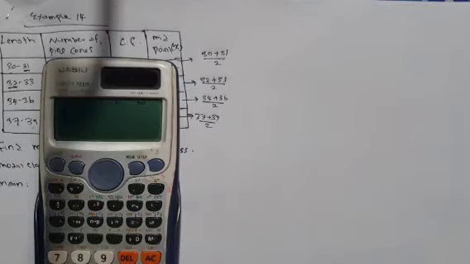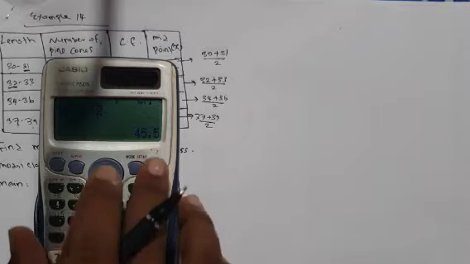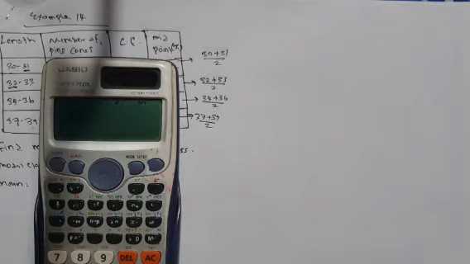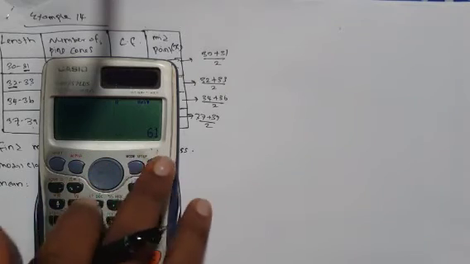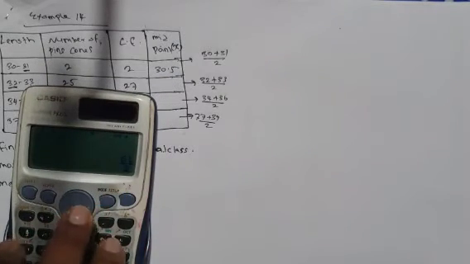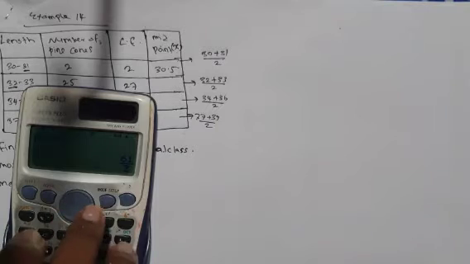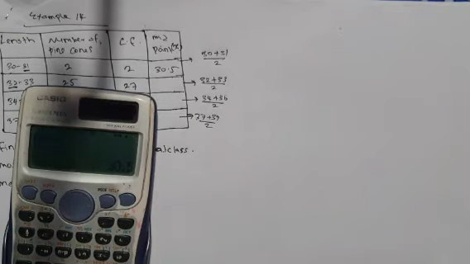Look at the calculator, please. Don't do it like this. Don't write this as a whole, you can see the answer is different, right? The correct way to do this is 30 plus 31, press equal, and then divide by 2. Previously we got some 45 point something, now we are getting 30.5.